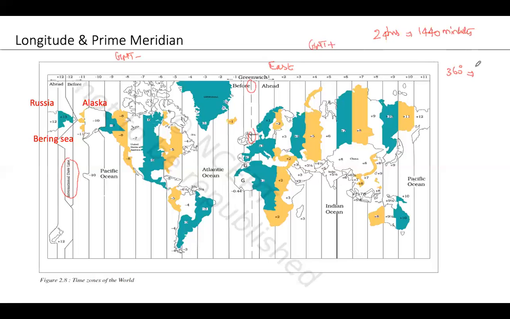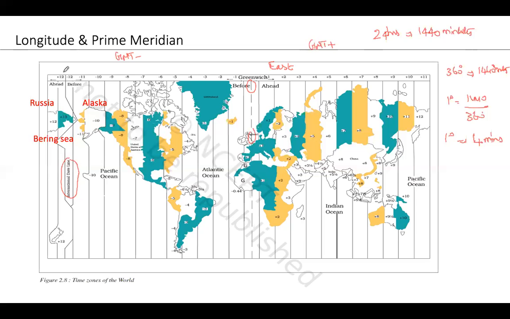So 360 degrees means it's taking 1440 minutes. So for 1 degree, 1440 divided by 360, 1 degree takes 4 minutes. So for every 1 degree there will be a time change of 4 minutes. Accordingly they have given GMT 1 plus, GMT 2 plus, 3 plus, 4 plus.